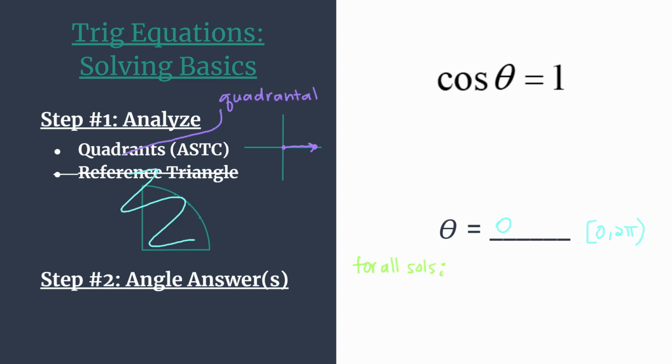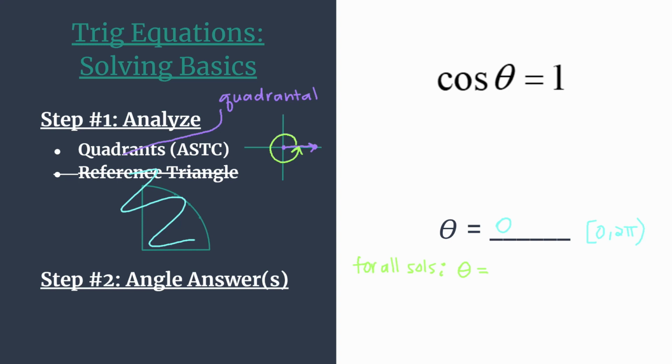We're going to use a solutions equation. So we'll say theta equals, we want to write 0 and all its coterminal angles. Remember, coterminal means it shares a terminal side. You just rotate differently to get there. So for example, getting to the terminal side in our sketch, say we rotated all the way around once in that counterclockwise direction, we know 2 pi would also be a solution to this equation.